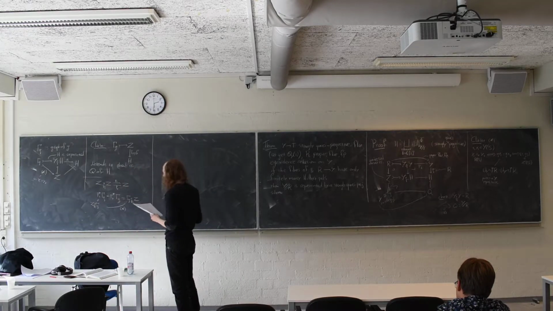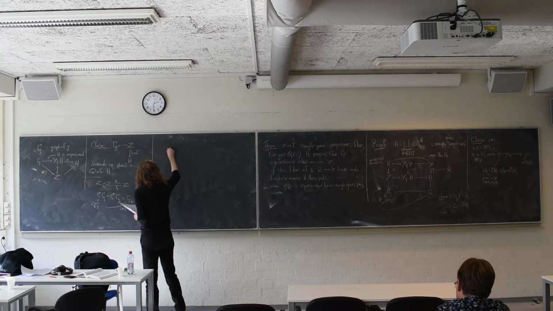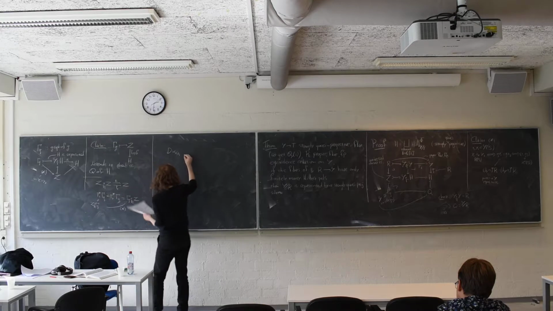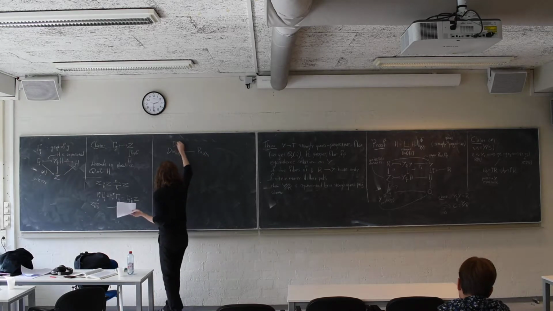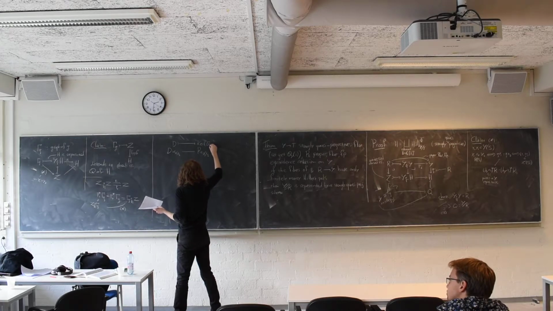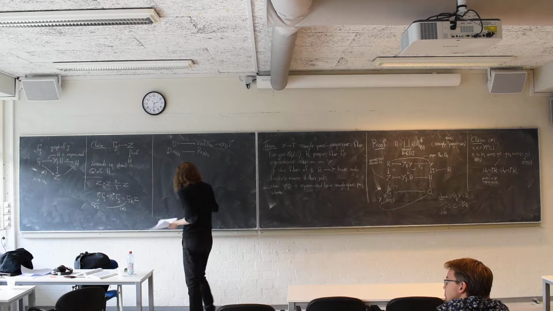So now, I'm going to be really sketchy. We're going to map Div X over S to Pic X over S by mapping one of these divisors to the defining ideal dualized.